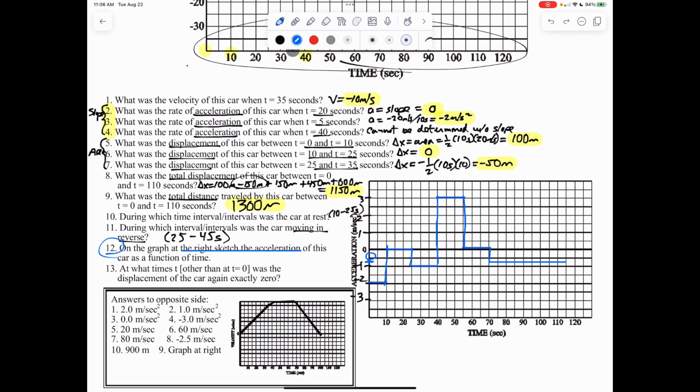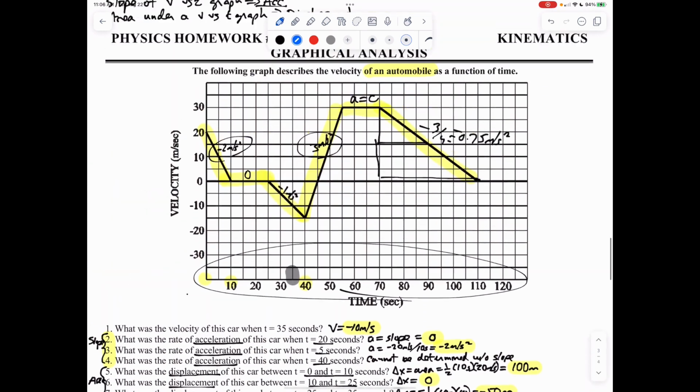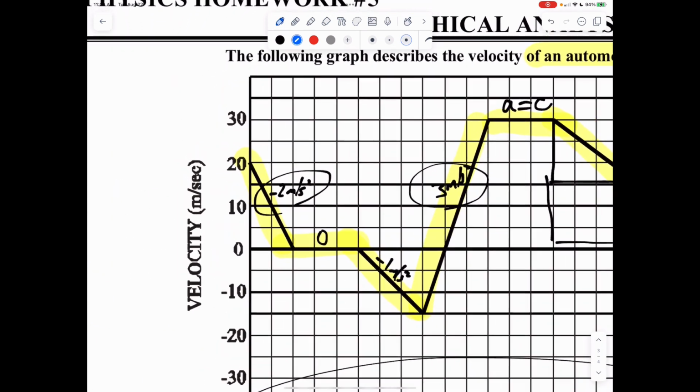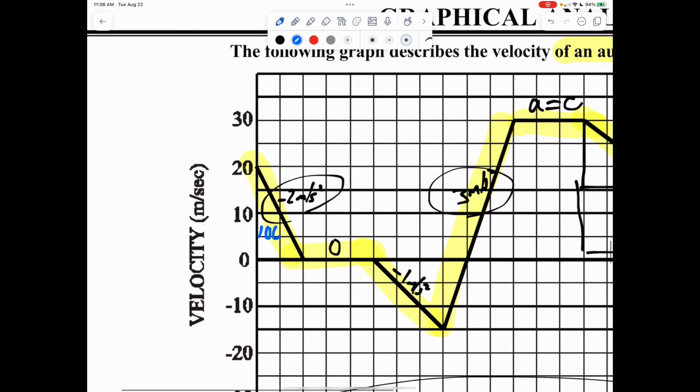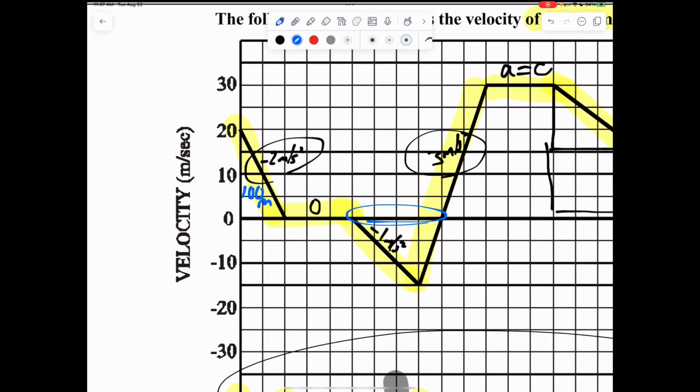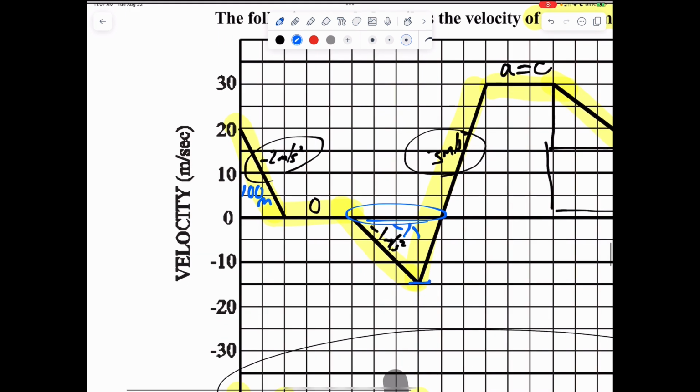Okay, number 13, at what times other than 0 was the displacement of the car exactly 0? Well, that happens when the displacements cancel. If I remember what these were, this was 100 right here, and this was negative 150.